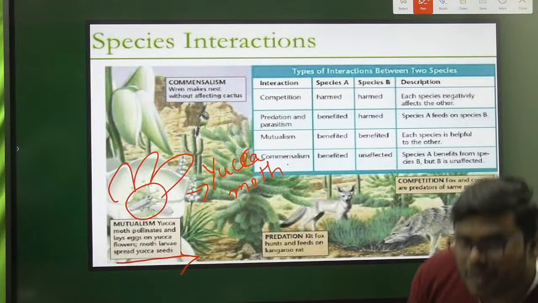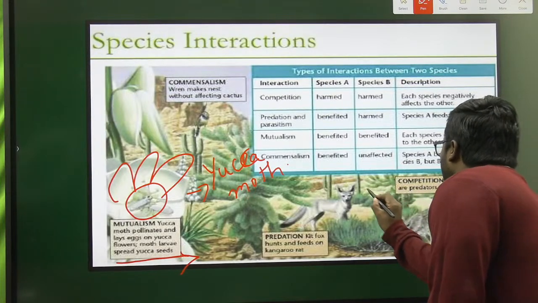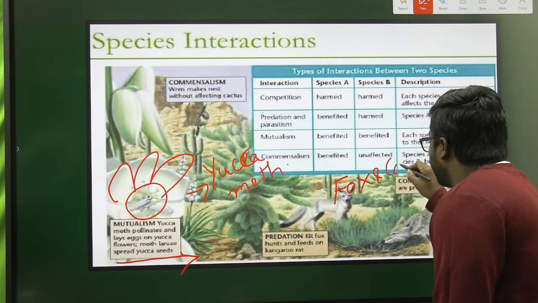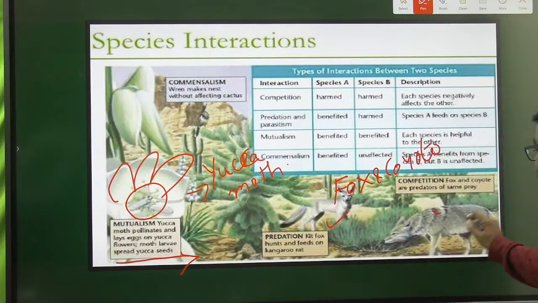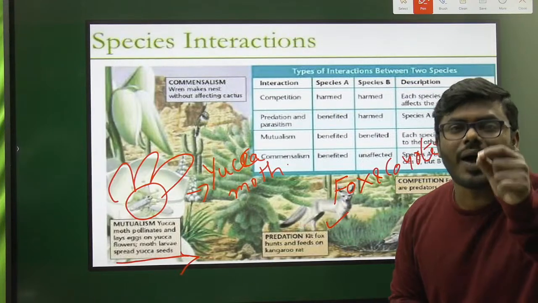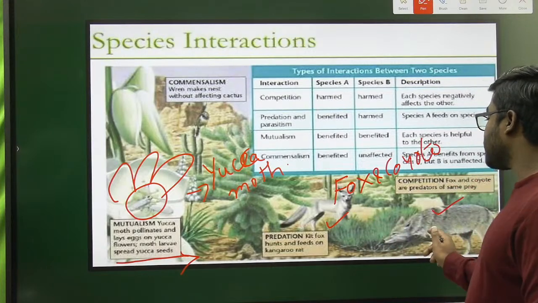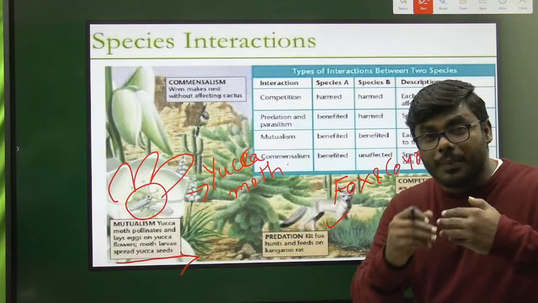And friends, if you look into competition, see here, this is a fox and this is a coyote. Both fox and coyote compete for one particular species; they both depend on the same prey.